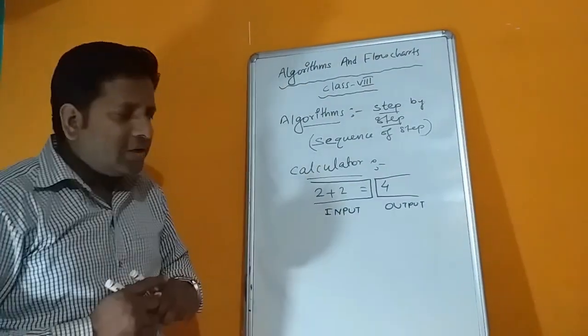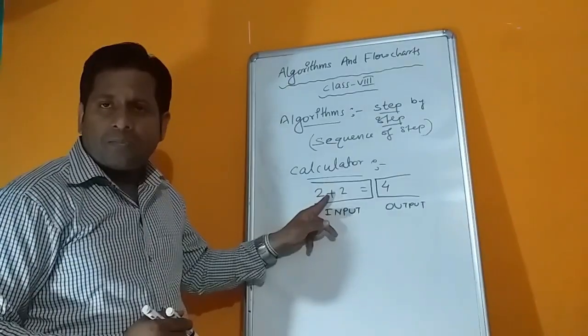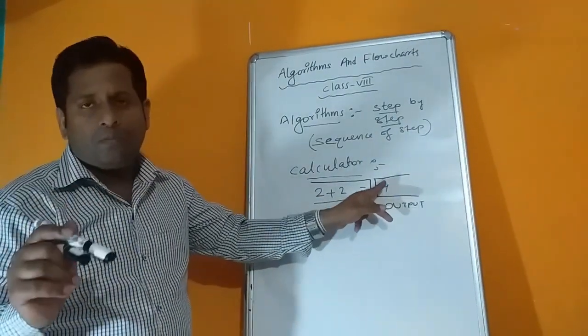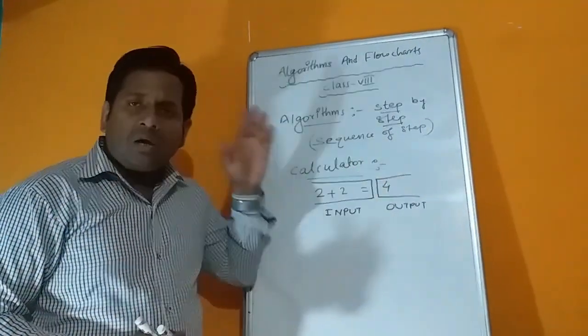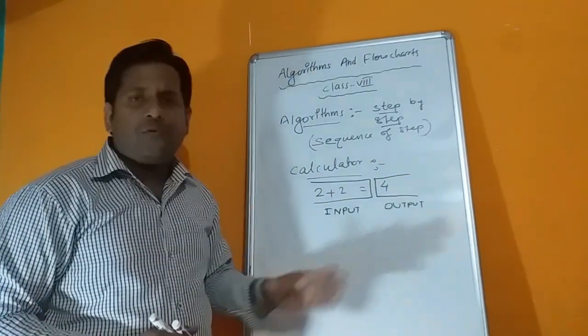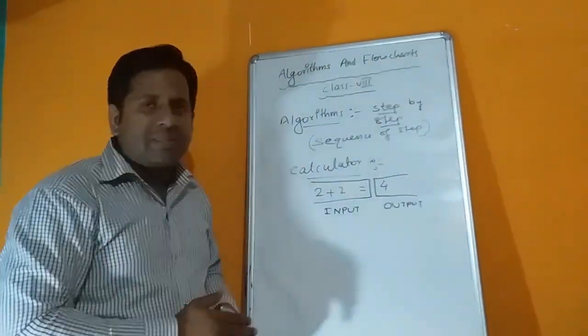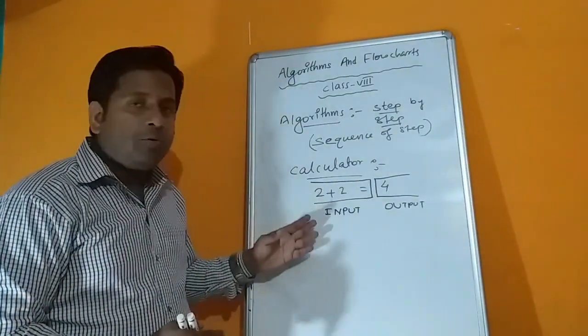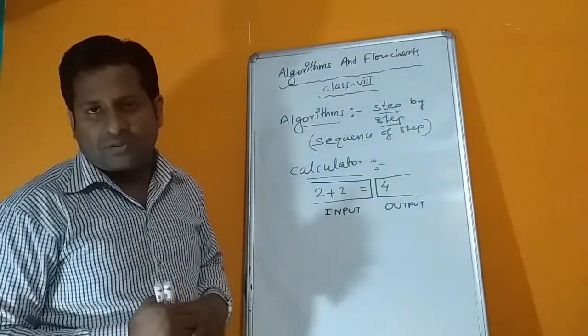Now see children, suppose you forget to give this plus sign, you won't get the result as 4. To get the output as proper information, the 100% accurate result you are expecting, your input should be in proper steps.